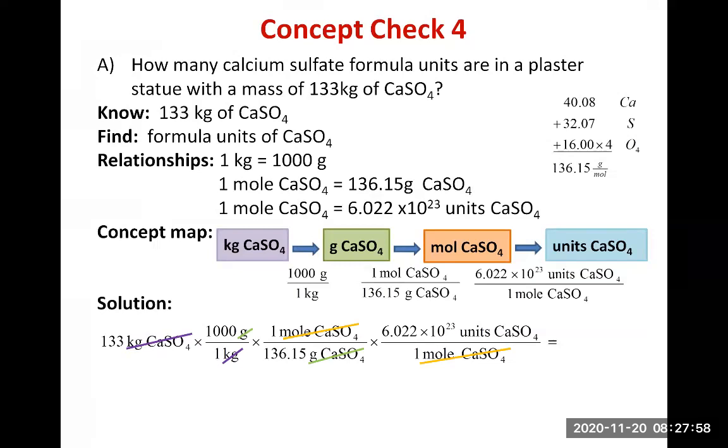In the calculator, you do 133 times 1,000. We can divide now by 136.15 and then multiply again by 6.022 10 to the 23rd. Again, use the EE key when you have an exponential part of a scientific notation.